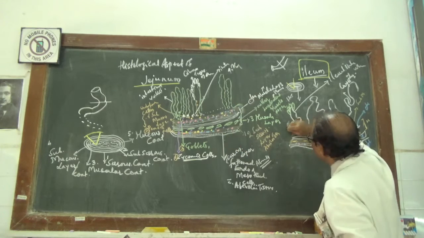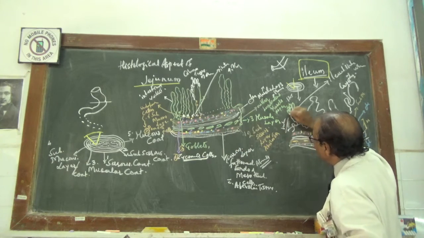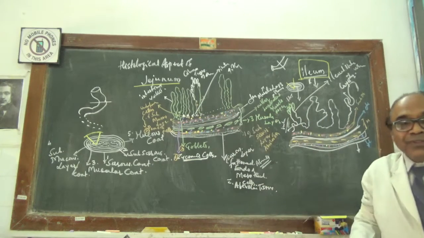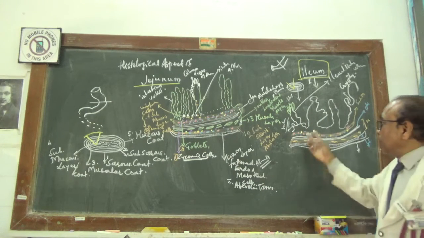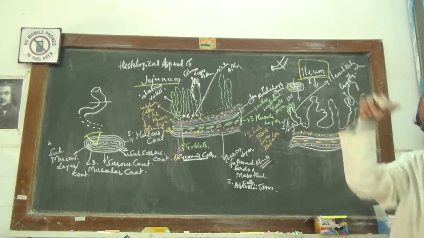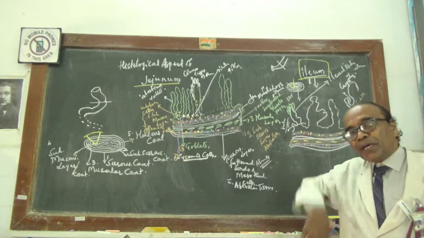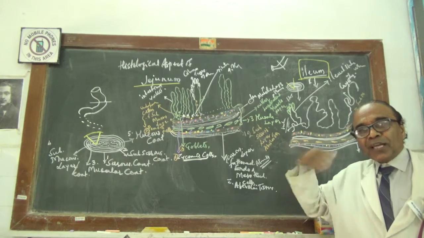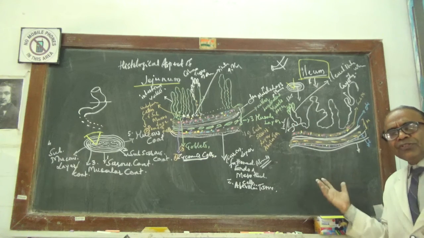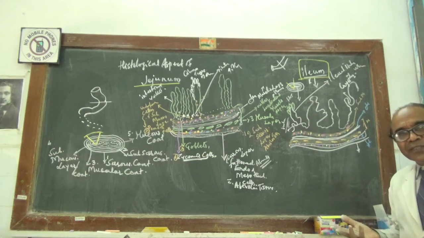Here also you have got the intestinal pits. This is the ileal pits. These are the jejunal pits. Ileal pits are broader, jejunal pits are longer in depth, but comparatively less deep than the duodenum and the stomach. So these are the few differences you can get.